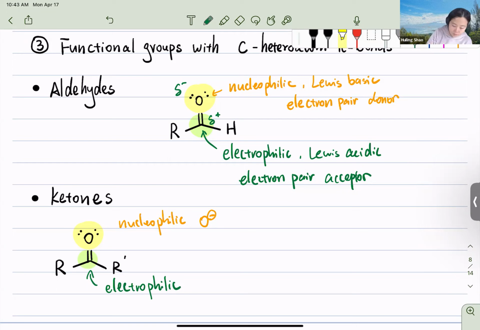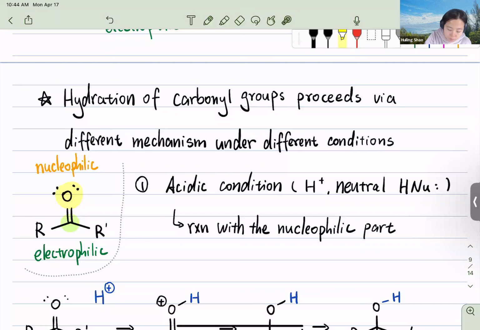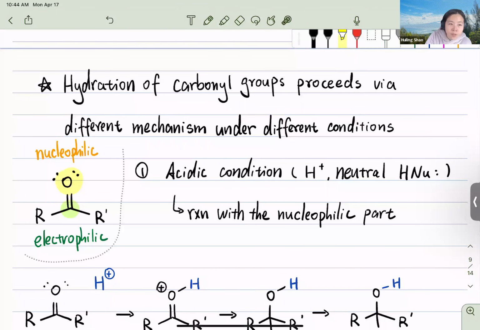We'll spend a little bit more time looking at the carbonyl group, and then we'll pause. Because of the special property of this carbonyl group, you have an electrophilic carbonyl carbon. You also have a nucleophilic oxygen.